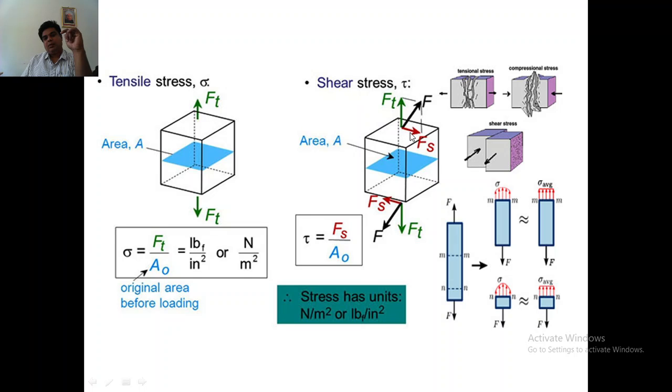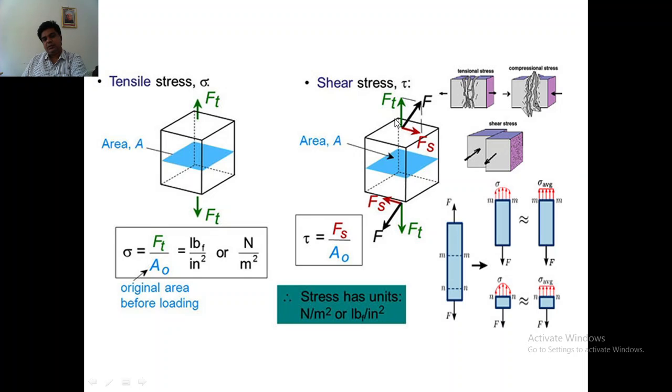But we have a load which is acting parallel to the surface, in this direction or this direction or any direction. When the load is acting along the surface, parallel to the surface, that load is called shear load or shear force. So Fs is called shear force.